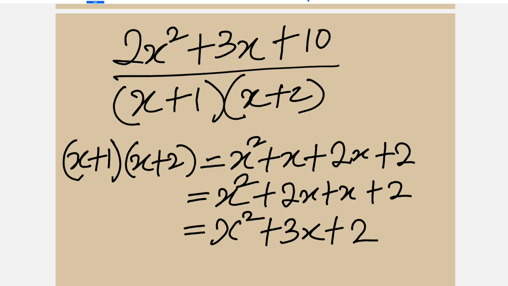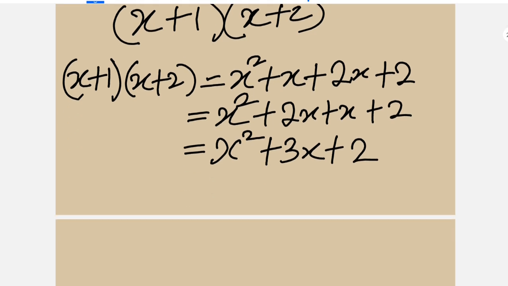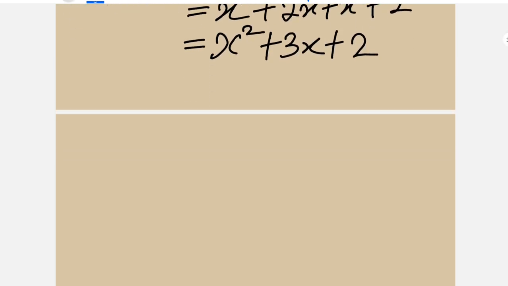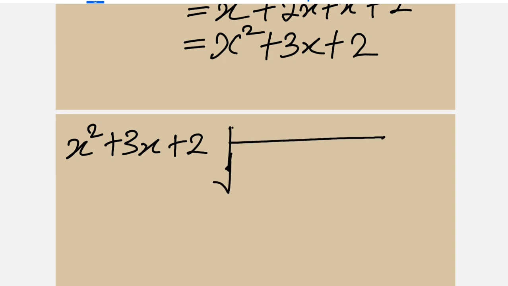We are now using this denominator to divide the numerator, so it will look like this: x squared plus 3x plus 2 dividing 2x squared plus 3x plus 10.